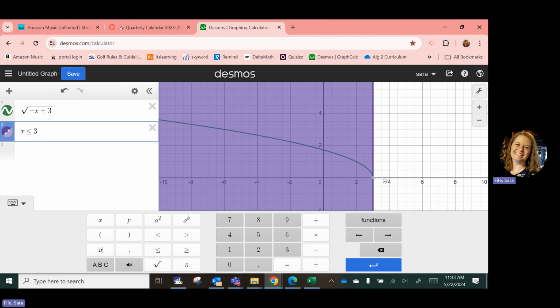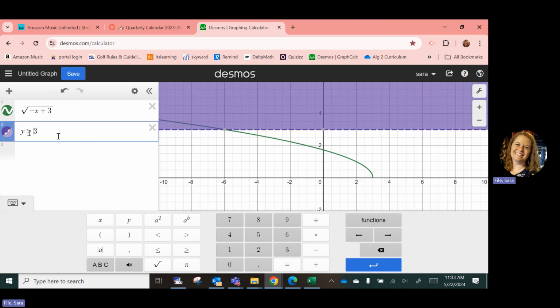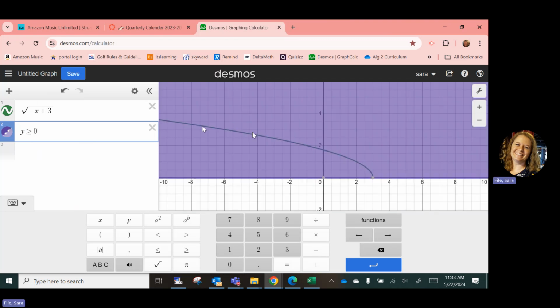So you could check backward from your answer choices of domain and range. So then we could check, okay, that my domain checks out. Let me double check my range. I said y is greater than or equal to 0. And you can see it's highlighting that section, everything above 0. And does that cover my whole graph?